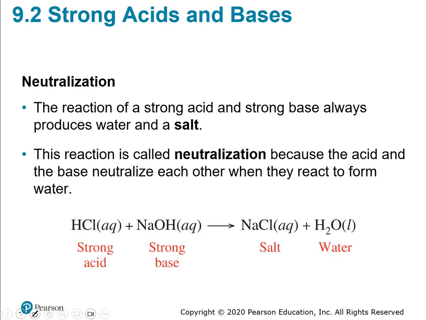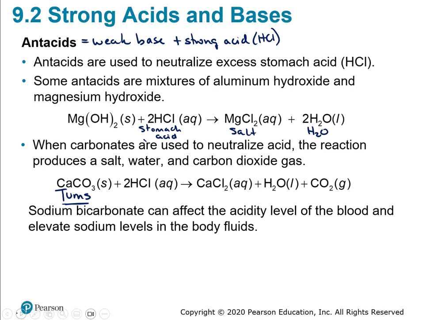So there is a slide about antacids, which we did in lab. When we use antacids, we actually use a weak base, because you don't want to eat lye, because that would cause a lot of damage to your mouth, to your esophagus, and even in your stomach before it ever neutralized stomach acid.